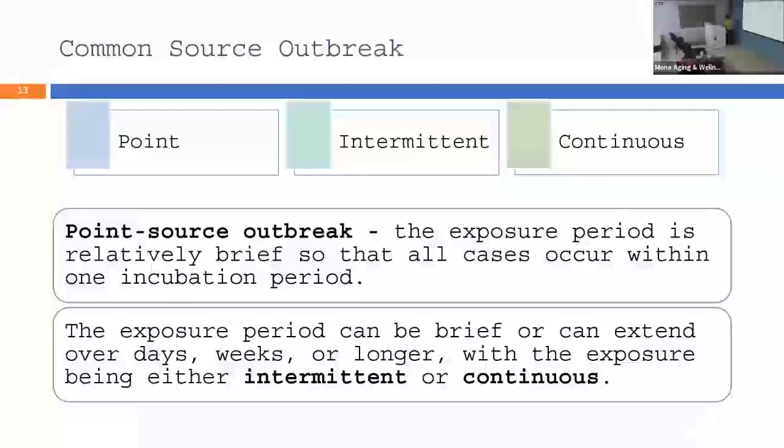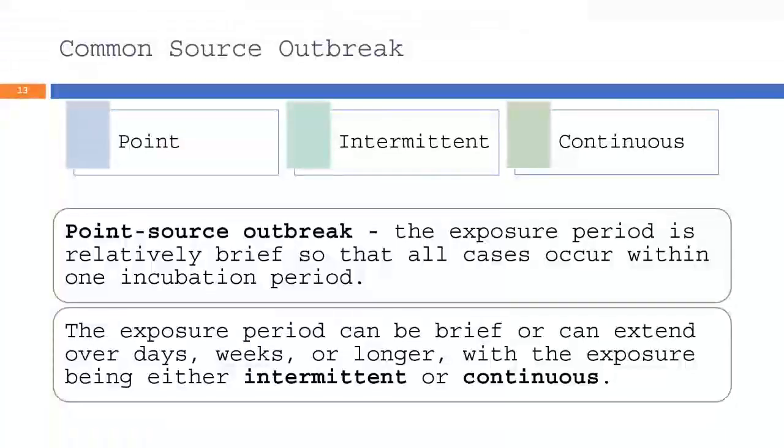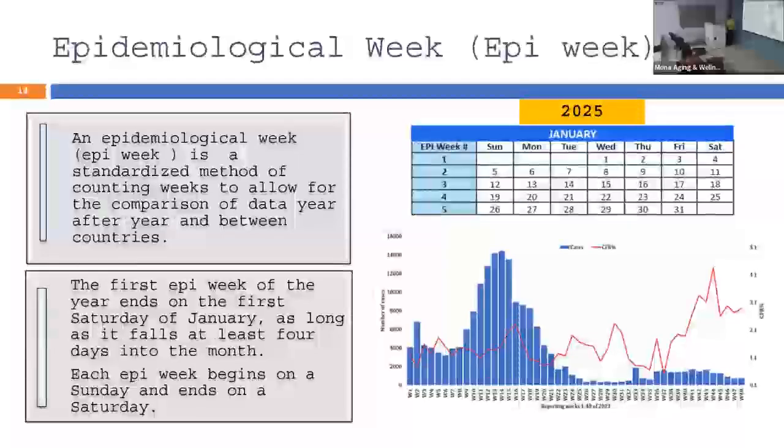All right. For the others, the exposure period can be brief or extended over days or longer, and it can be intermittent or continuous. Let's look at what the epidemic curve looks like and what the examples are.